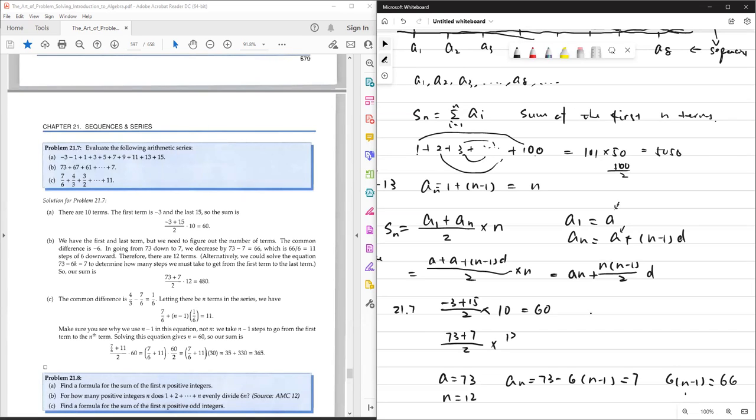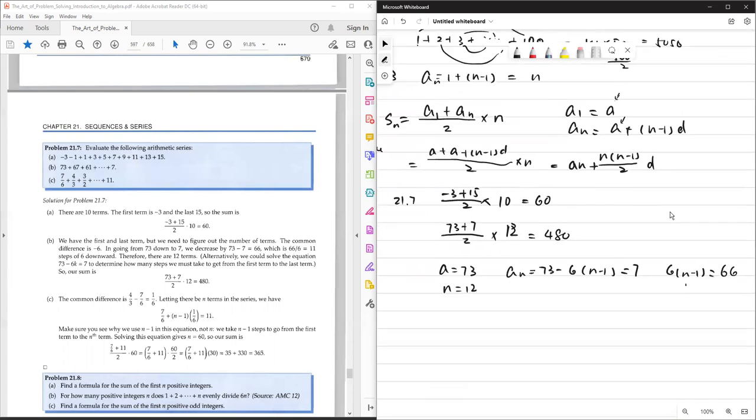So 12 multiplied by 40, and this is 480. Okay, so you can apply this.